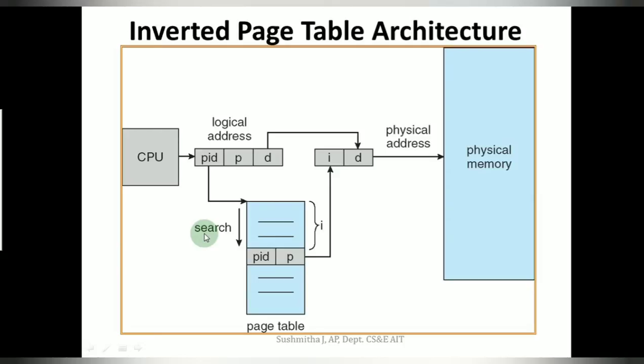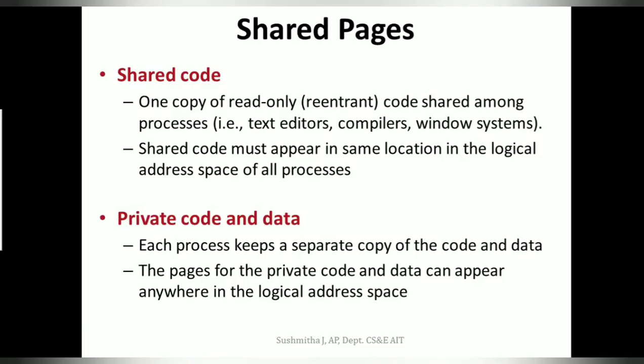The next and last thing we have about pages is shared pages. What is the concept of shared pages? If there is content or code that can be shared by multiple processes, rather than each process owning a separate page, it can be shared by all the processes, maintained in a single location.